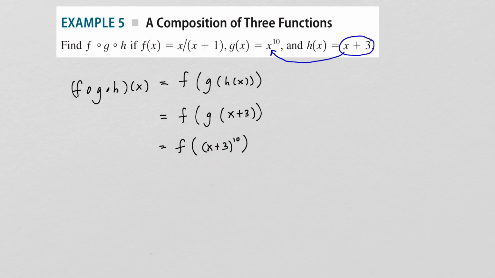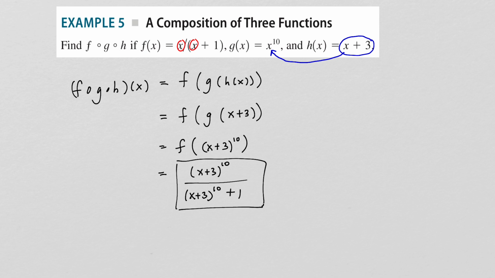Now f is defined to be x divided by x plus 1. So this x plus 3 to the 10th power is going to take the place of both x's here. And so this would be x plus 3 to the 10th power divided by x plus 3 to the 10th power plus 1. And this would be our triple composition here.